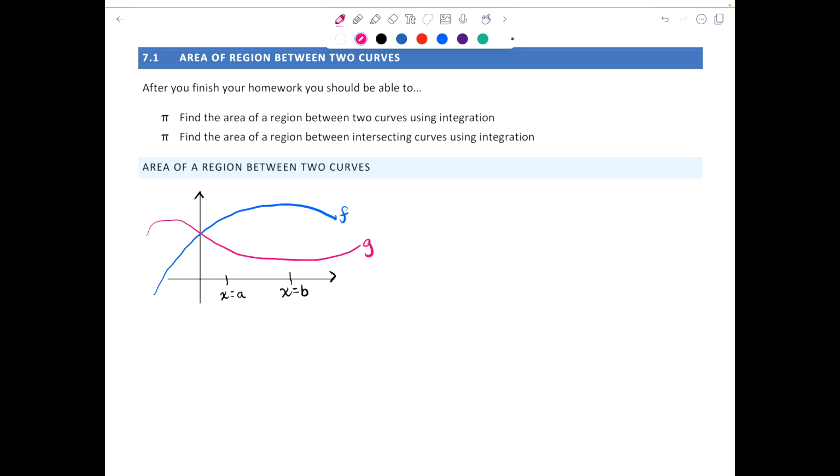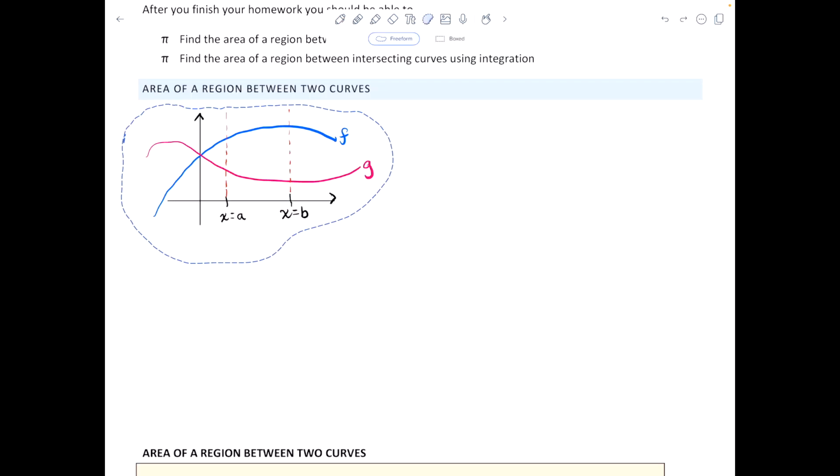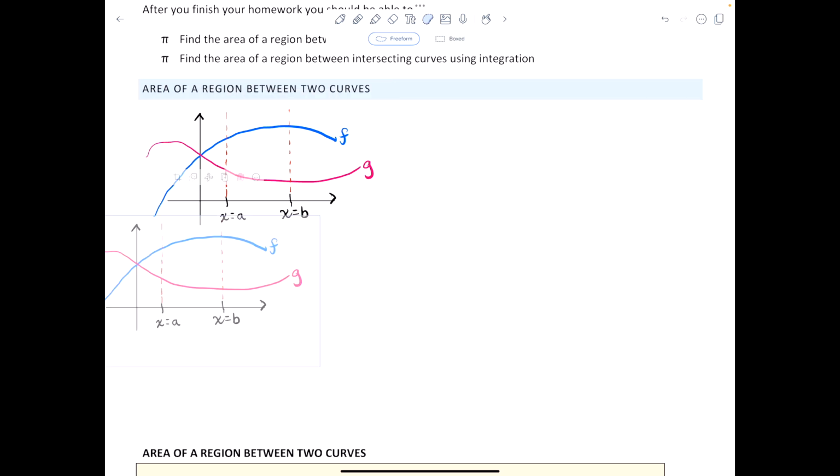And we've got these vertical lines here that are also bounding a region, right? Copy this so you can see what's happening.